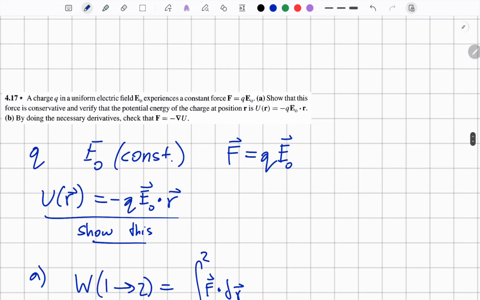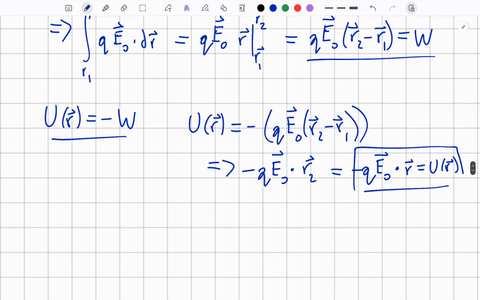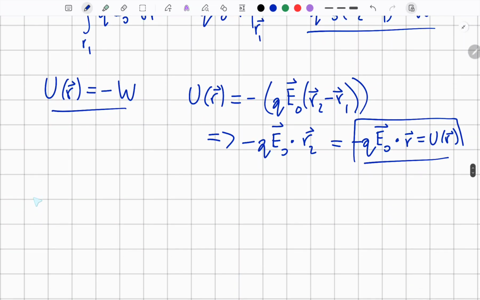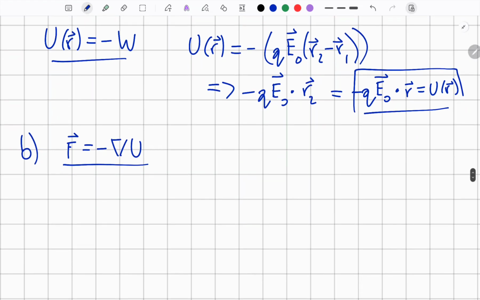Now for part B, we want to check that the force is the negative of the gradient of that potential. So for part B, we want to confirm this.